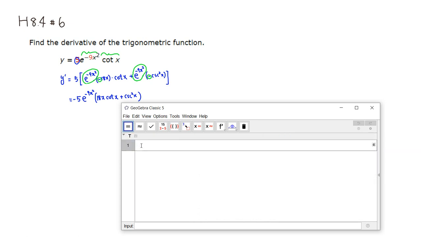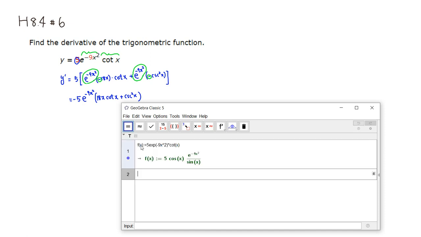So I'm going to just define f of x. So f of x is equal to 5 times e to the negative 9x squared, then multiplied by cotangent of x. Right? So I'm going to hit enter.